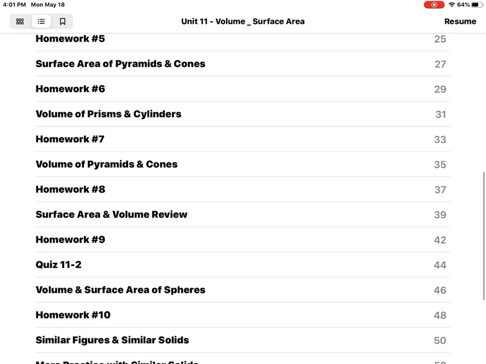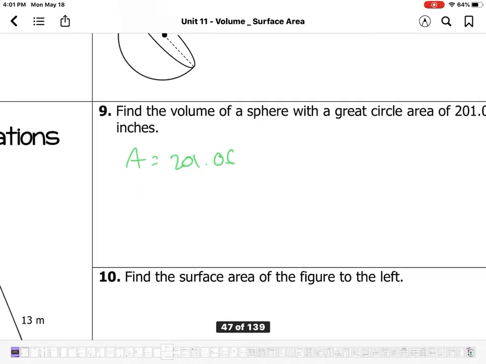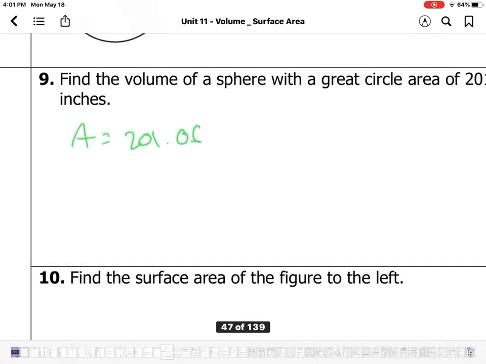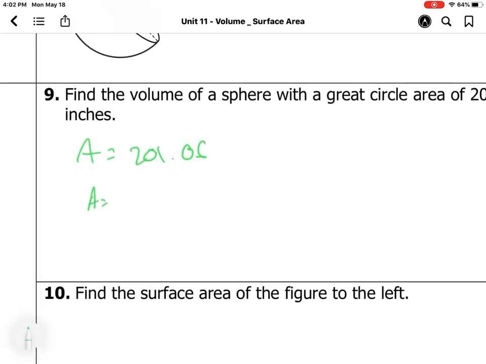And we know it's a circle. So our area of a circle equals pi r squared. If we're trying to find the radius because we need that to find the volume, we plug in 201.06 equals pi r squared. We divide pi out, that gives us something like 64 equals r squared.